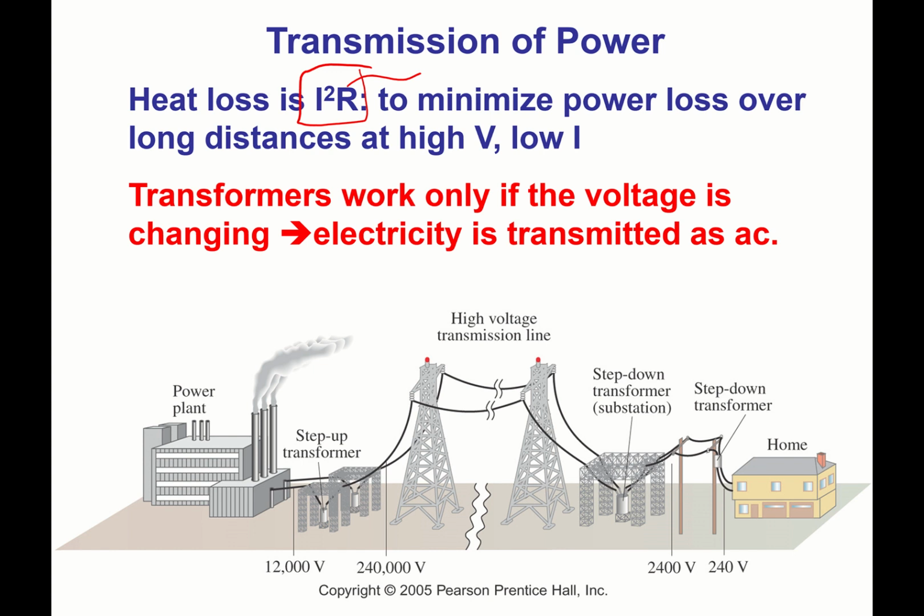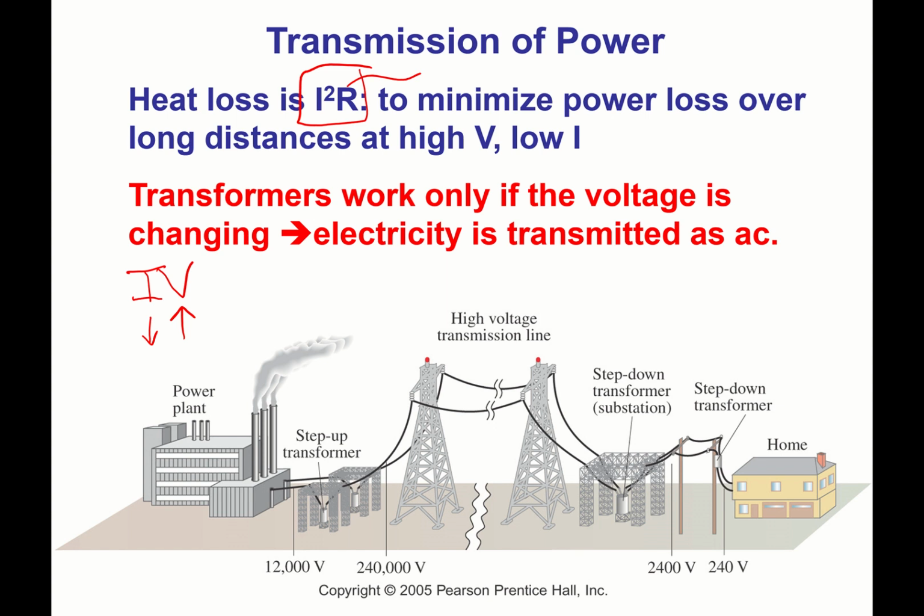So if we have a wire that's 100 miles long, it's got quite a high resistance overall. So to minimize the power loss over a long distance, we want to have the current as low as possible, which means that, remember, power is I times V. If we want the current to be low, the voltage has to go up.